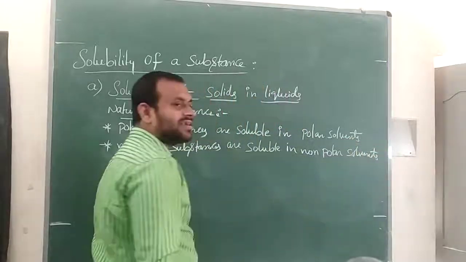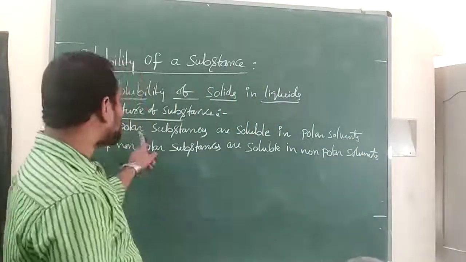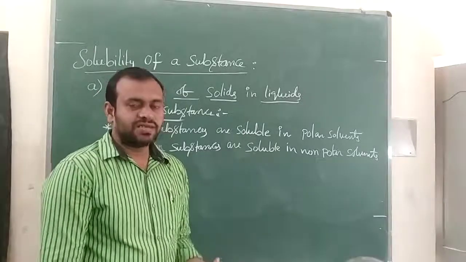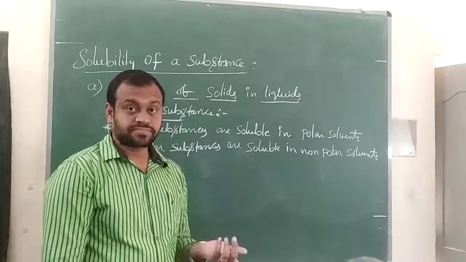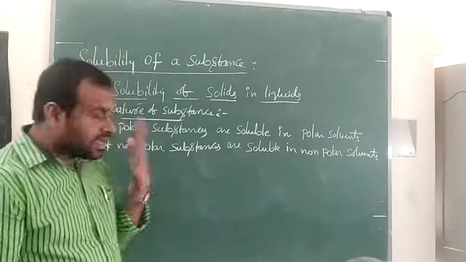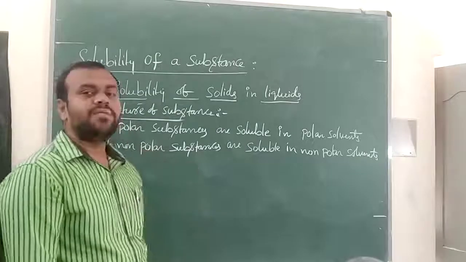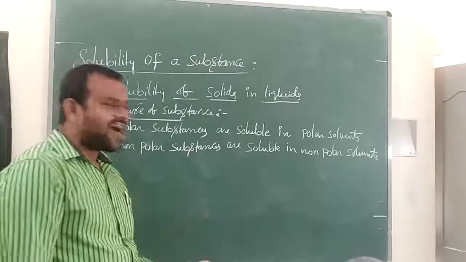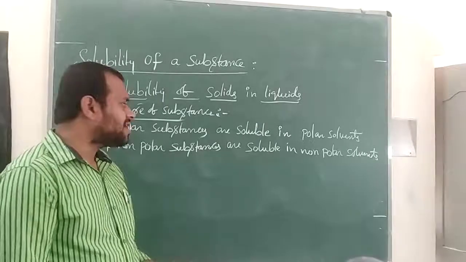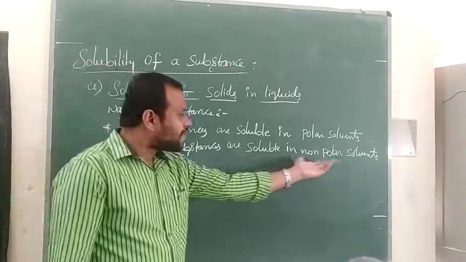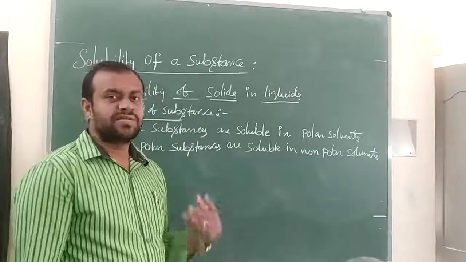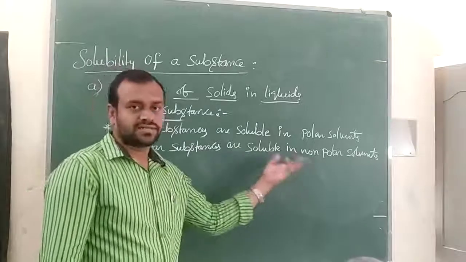An example of a polar solvent is water, and examples of polar substances are HCl, NaCl, KCl, etc. Examples of non-polar substances are naphthalene, which is an organic substance, and camphor, which is also non-polar, soluble in non-polar solvents such as petrol, diesel, kerosene, benzene, etc.